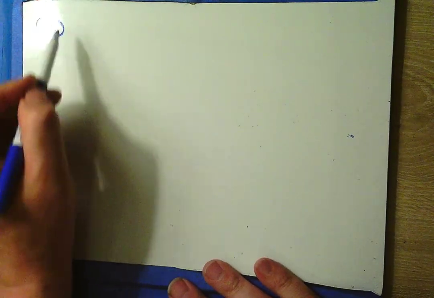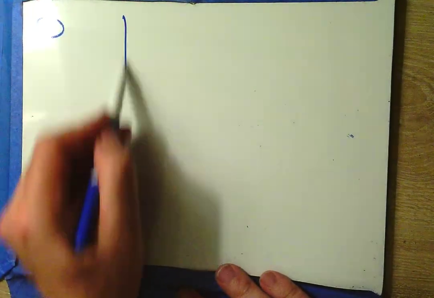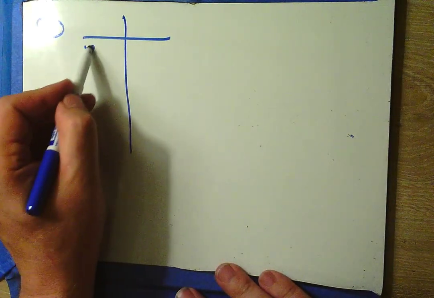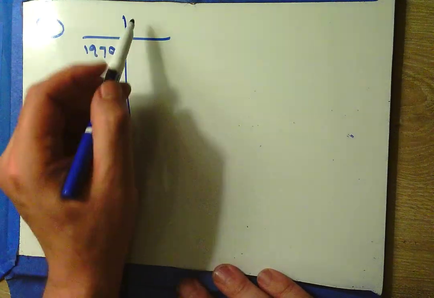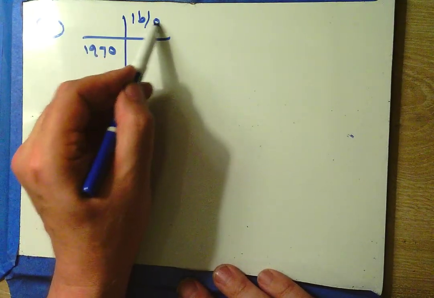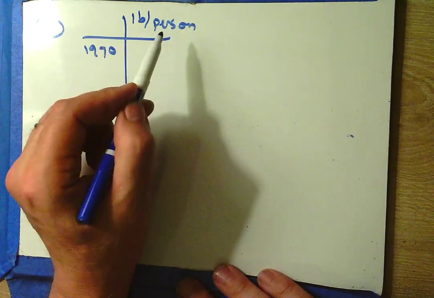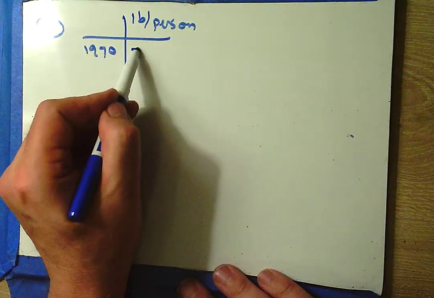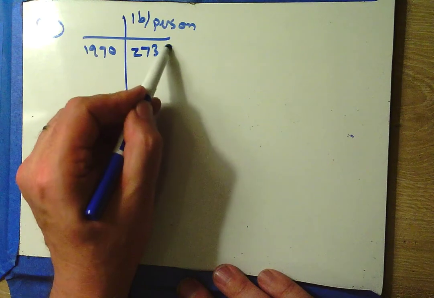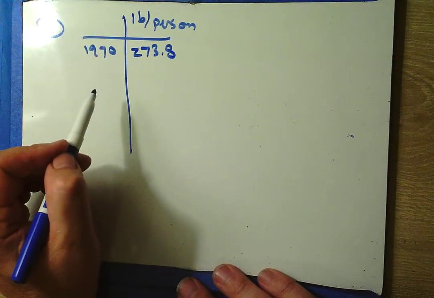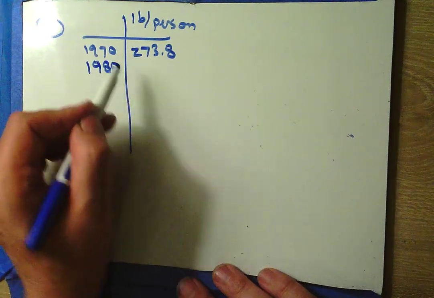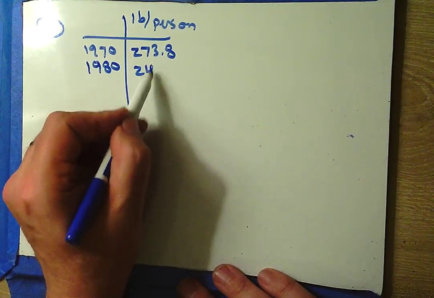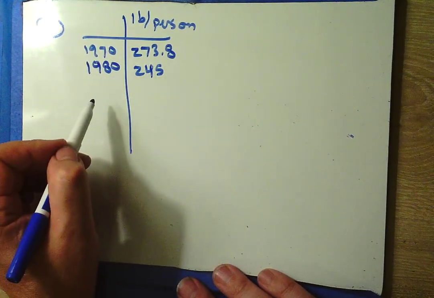Third question. Got milk? In 1970, the average number of pounds each person drank per year was 273.8 pounds of milk per year. In 1980, that number was down to 245 pounds of milk per year.